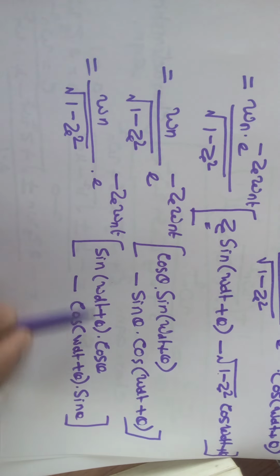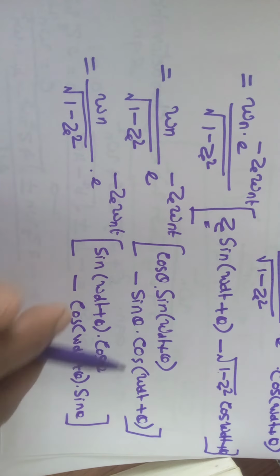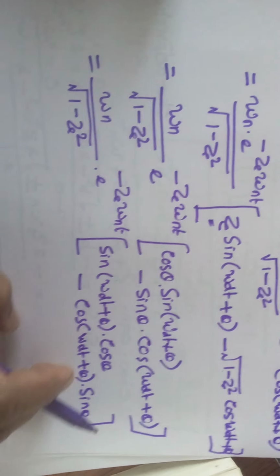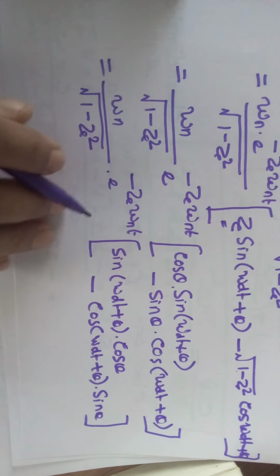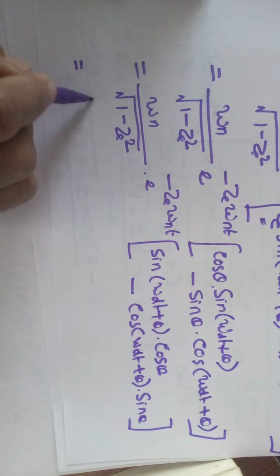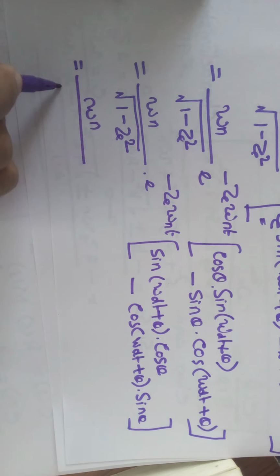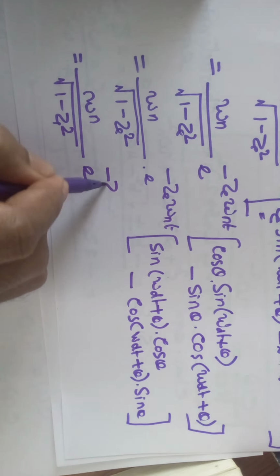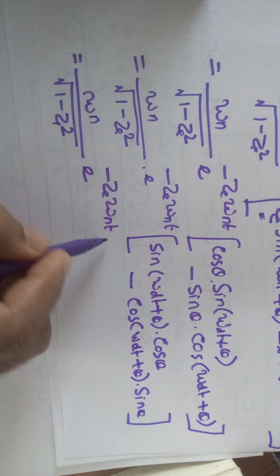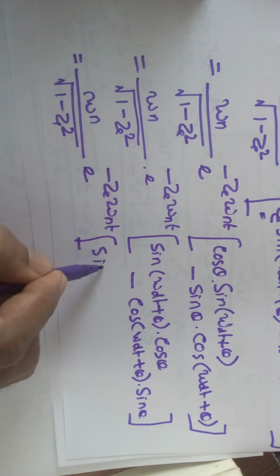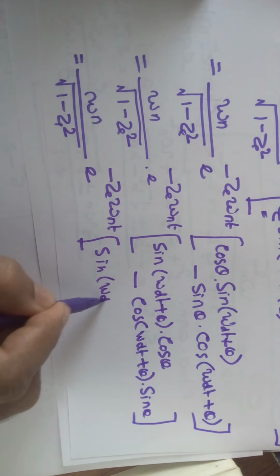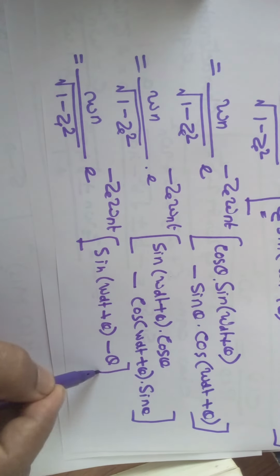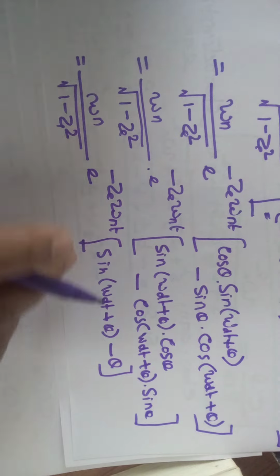So this is nothing but sin a cos b minus cos a sin b, right? Now we can write this as sin of a minus b. Therefore this is equal to omega n divided by square root of 1 minus zeta square into e power minus zeta omega n into t into sin of omega d t plus theta minus theta. Okay, so this is the simplified form.